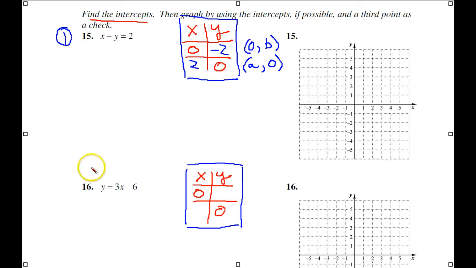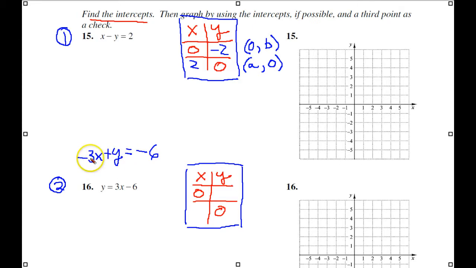Now over here, this is in Formula 2 form, that is slope-intercept. But the best way to use this t-chart is if it's in standard form. So I'm going to put the x back over to the other side. I just transposed the 3x to the other side to put it in standard form.